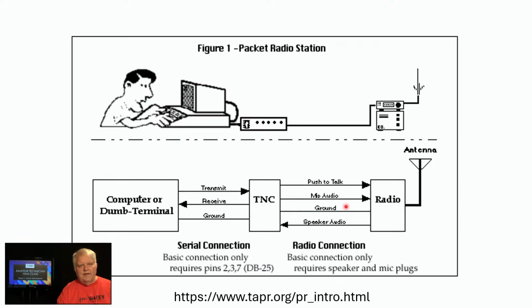It would go from the TNC to the radio as tones, from the radio out to an antenna, and connect up to another TNC at somebody else's station. So this is packet radio, one of the early forms of digital communications in amateur radio. It still exists today, and we'll talk about that coming up here.